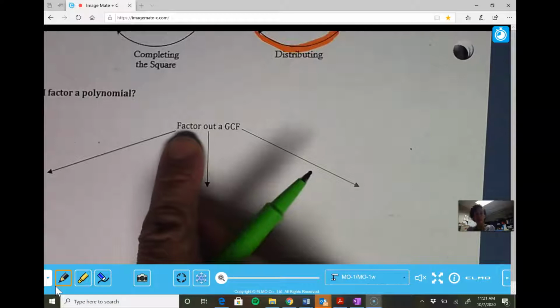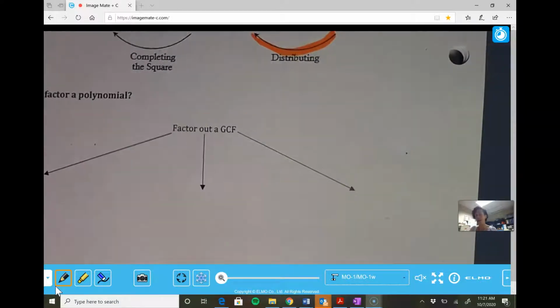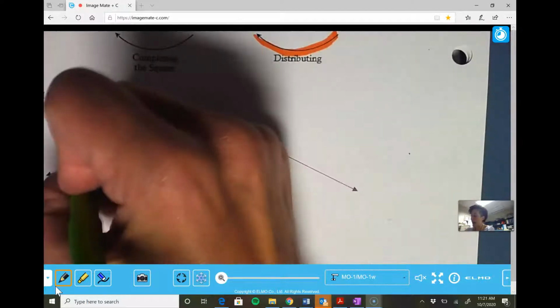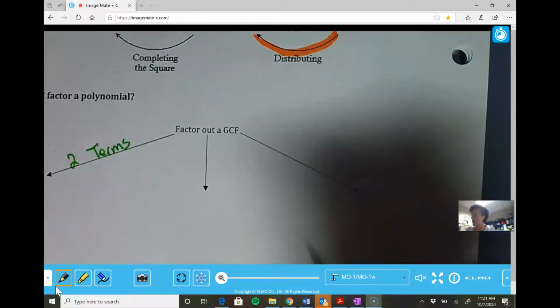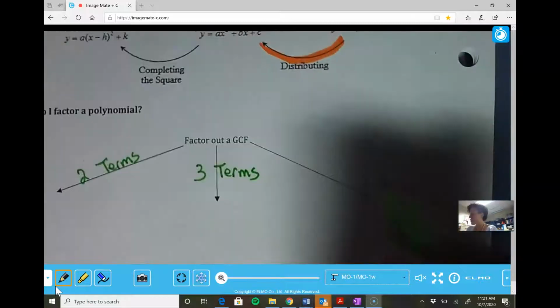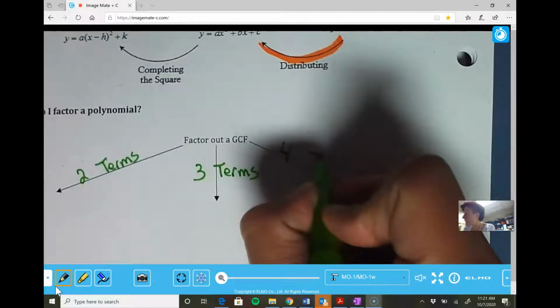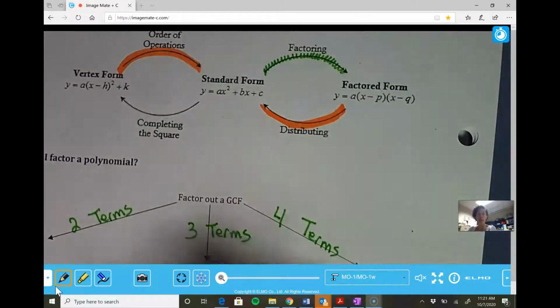So the first thing you're always going to want to do is factor out a GCF, which stands for greatest common factor. After that, you're going to see how many terms you have. 2 terms, 3 terms, and in a later chapter, 4 terms. And terms are those pieces that are separated by addition or subtraction.